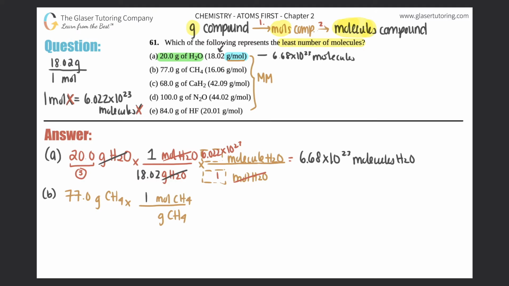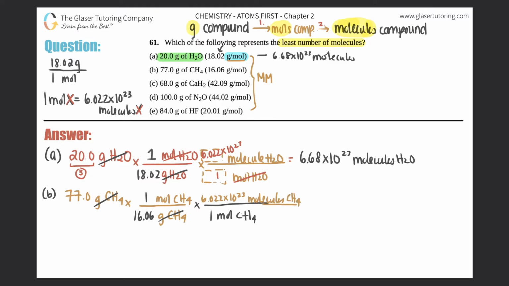So 1 mole equals 16.06 grams. Cancel out the grams. And now we just got to get to molecules. 1 mole of CH4, and then 6.022 times 10 to the 23rd molecules of CH4 up on the top.